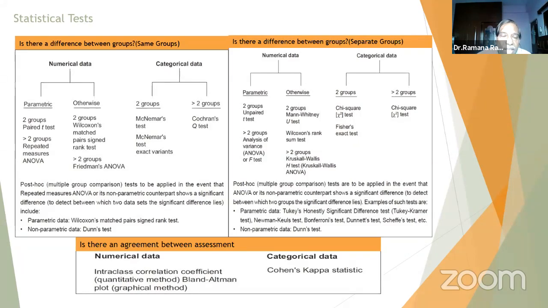So I have given here, if they are from the same group, how do you deal with it? If they are from separate groups, say section A in the IT department and section B of the computer science group, how are they performing in mathematics under the same teacher, the same syllabus, or the same survey form?